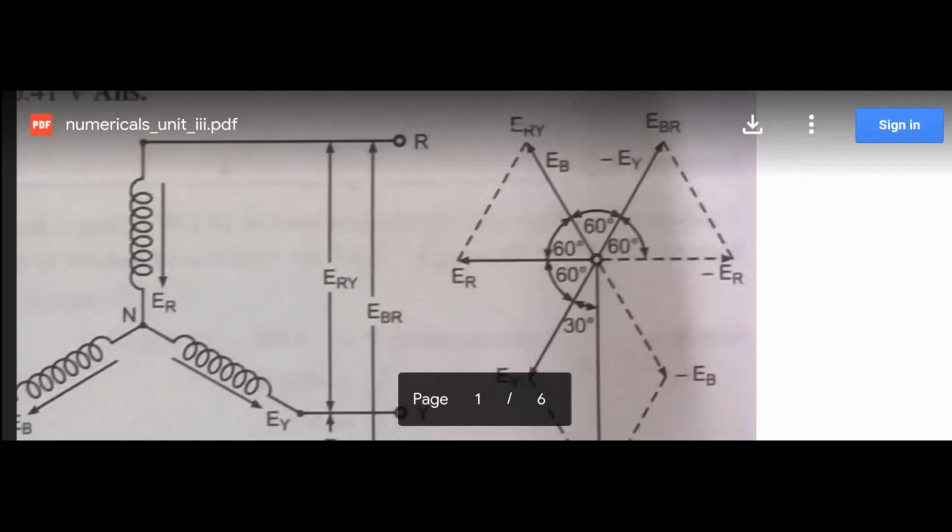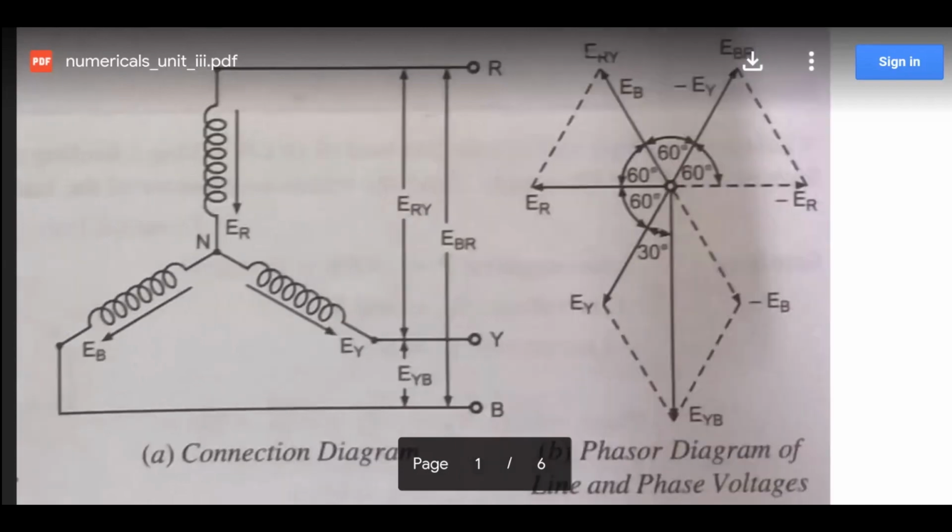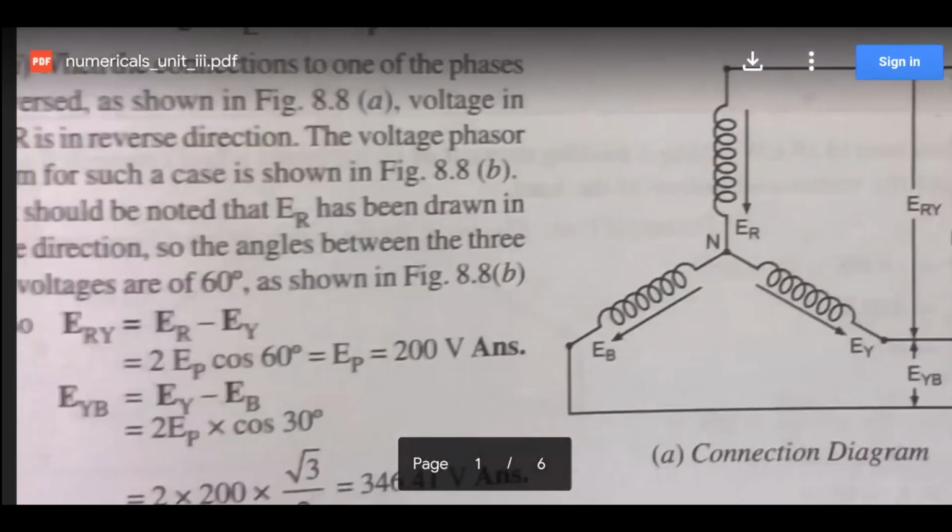Now we have to calculate the line voltage. The formula of line voltage remains the same. It is ER minus EY.